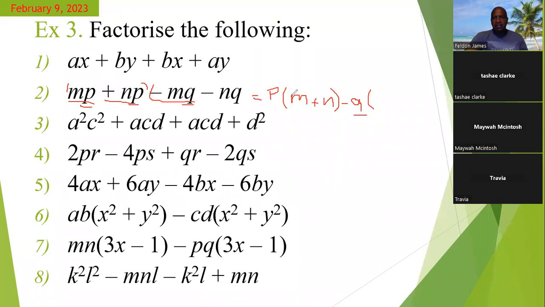The result is what? What sign? The result must be what? Positive, right? So you would have a positive m when you divide negative mq. And when you divide negative nq, you're going to have a positive n.